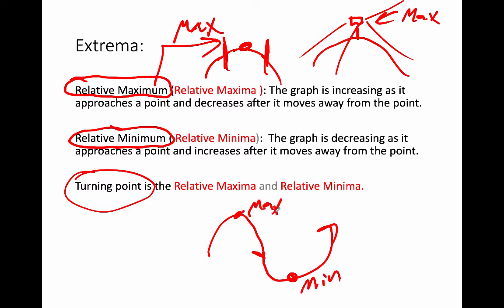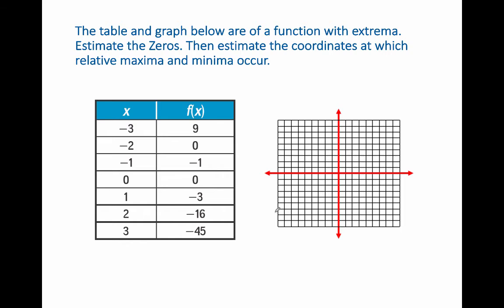And we can see those on a graph too, because here we go. I'm up at 9. I'm at a high point here. I don't know what's happening outside of that. And I go down to 0, down to -1, up to 0. So I bottomed out, right? So this has got to be a minimum. 0, -1, 0, -3.